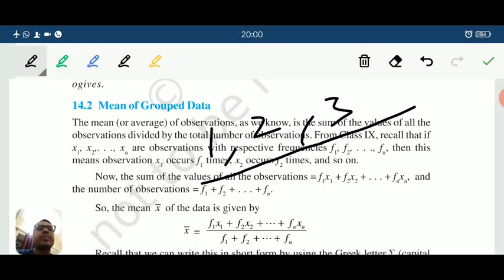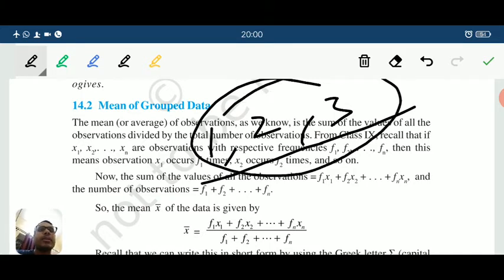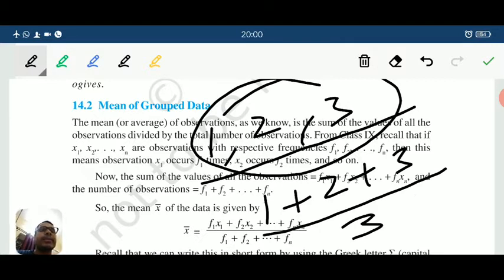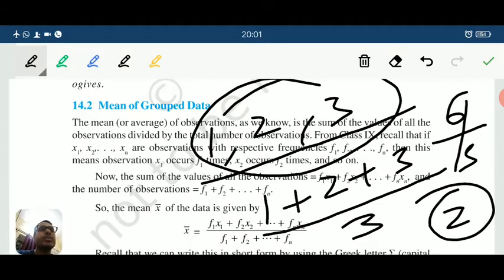To find the average of these 3 numbers, what we have done earlier: 1 plus 2 plus 3, that is the sum of all 3 numbers, divided by the total numbers, that is 3. So 3 plus 2 is 5, plus 1 is 6. So you get 6 by 3. The answer is 2. This particular method we have used earlier.